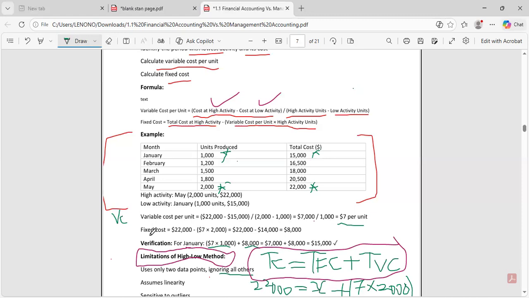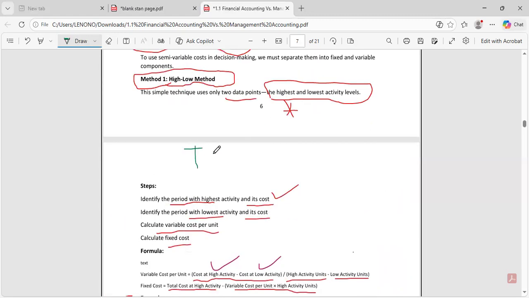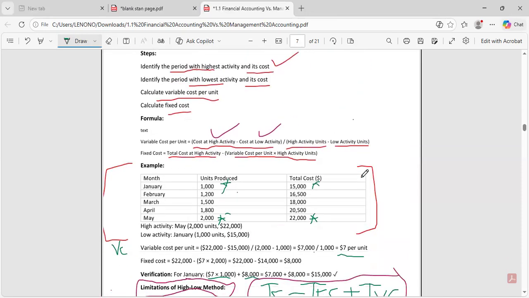Now, finding the fixed cost, using the formula, we said our total cost is equal to total fixed cost plus the total variable cost. Then we are trying to just solve for our fixed cost using this equation.